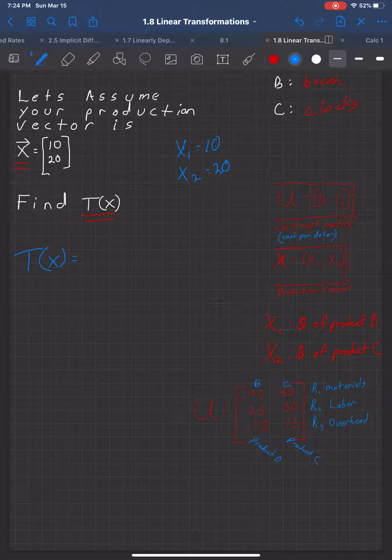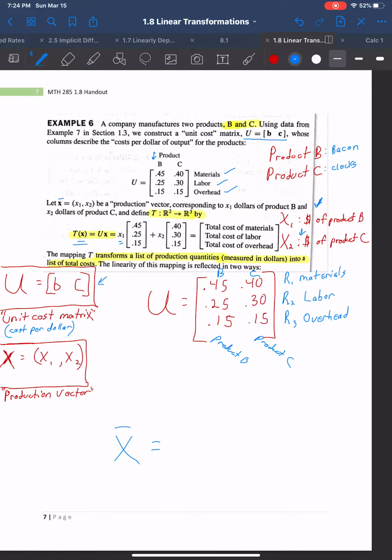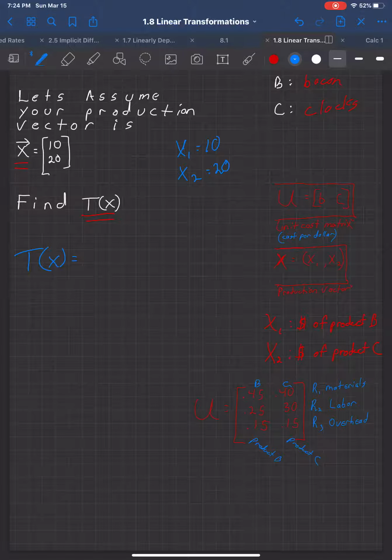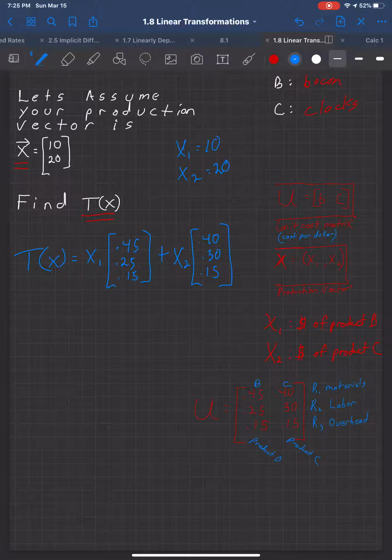So T of x. We're going to use x sub 1 multiplied by that vector. So this would be x sub 1 multiplied by 0.45, 0.25, 0.15, plus x sub 2 multiplied by 0.40, 0.30, 0.15. All right, ready?